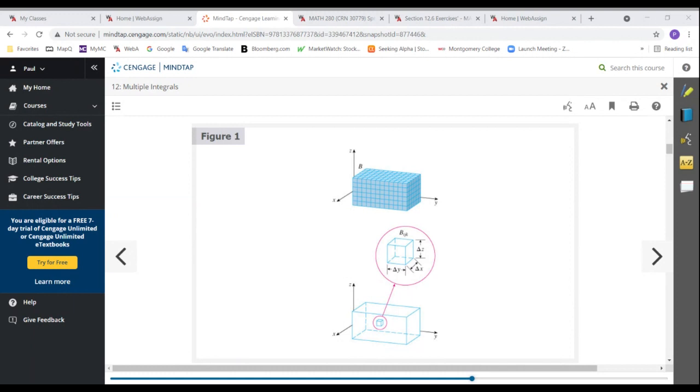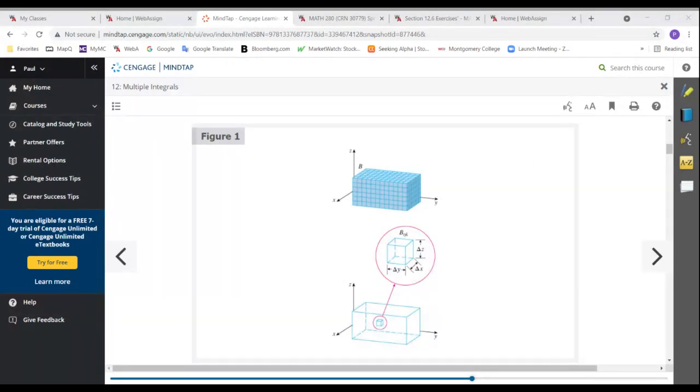In the figure here, they have a solid in the XYZ plane. And what you can do is take little pieces of volume. You see that? Little pieces of volume.